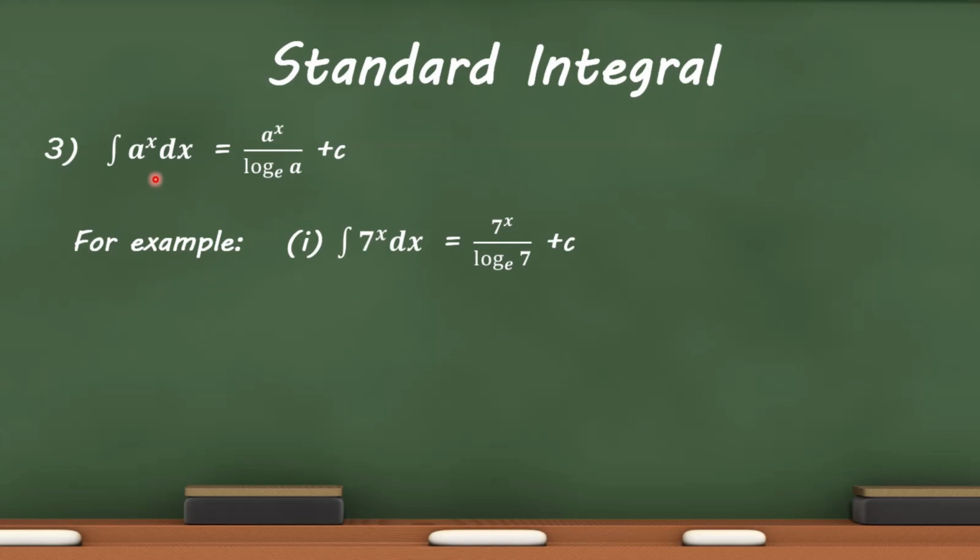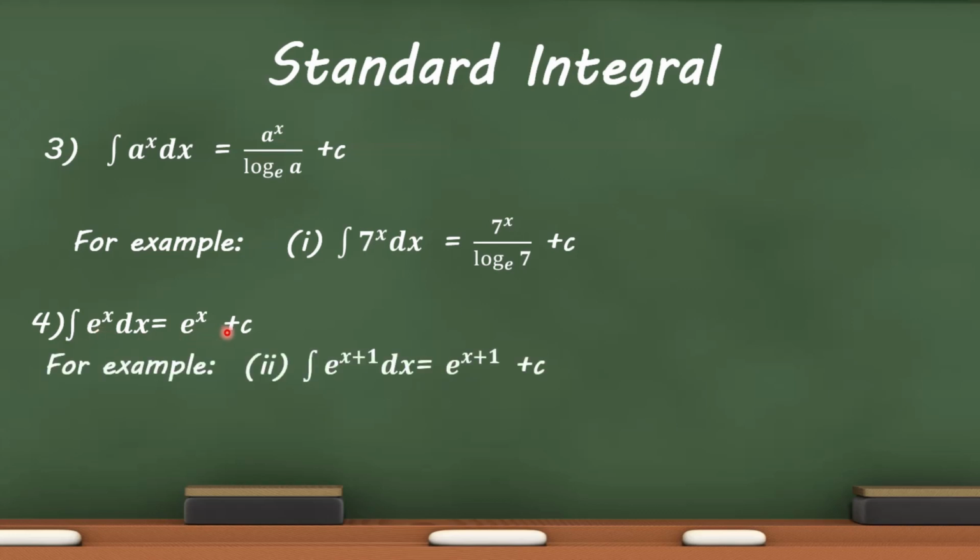Then integration of a power x: integration of a power x equal to a power x upon log a with base e. For example, integration of 7 power x is written as 7 power x upon log 7 with base e plus constant of integration. If e power x is written, integration of e power x is e power x plus c, because if we write log e in the denominator, the value of log e is 1.